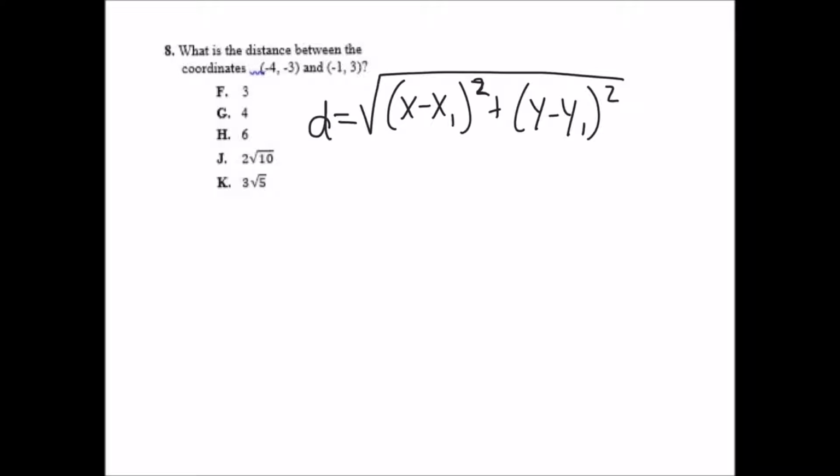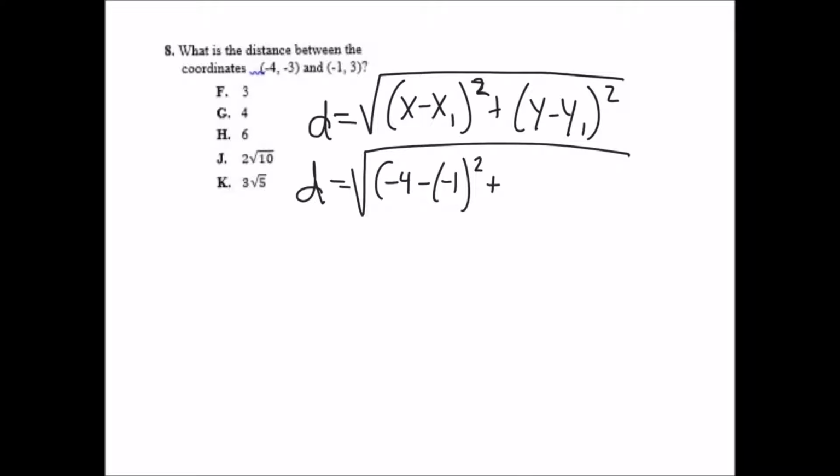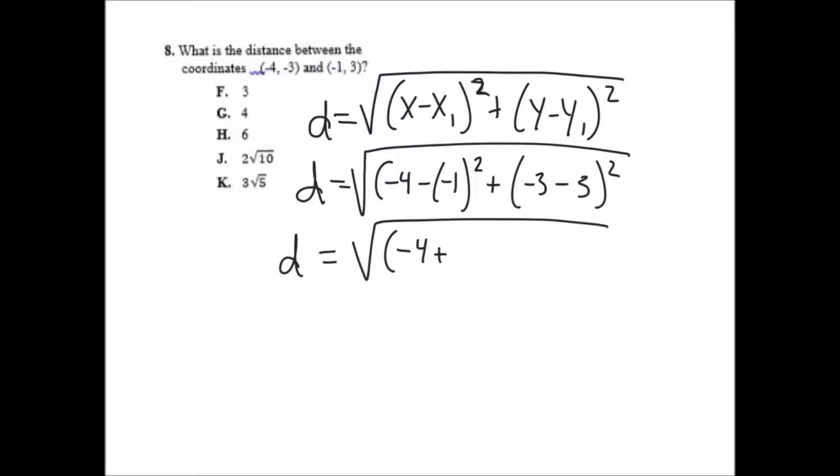Substituting for what we have, distance equals the square root of -4 minus a -1 squared plus -3 minus 3 squared. Simplifying, we get distance equals the square root of -4 plus 1 squared plus 3 minus 3 is a -6 squared.